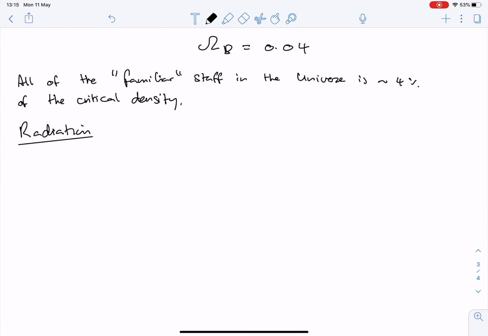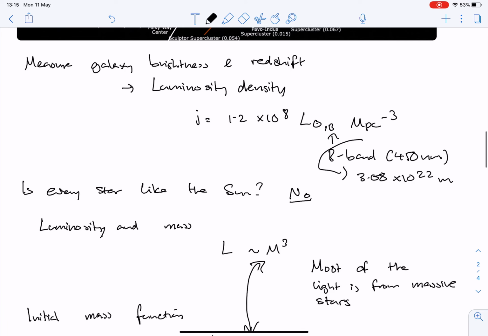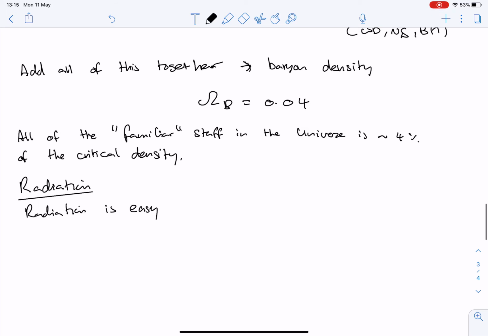And radiation is easy, because we've just measured radiation right back here. This is radiation from stars.